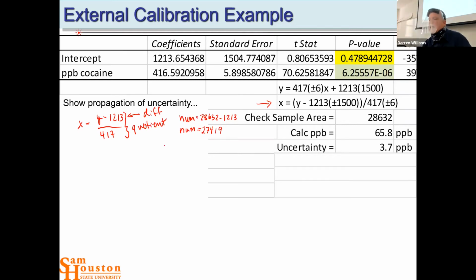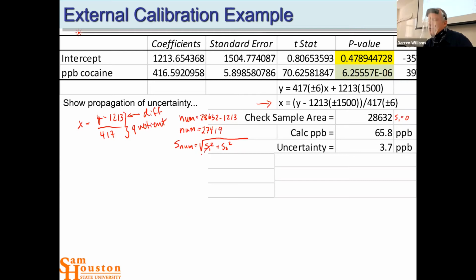And now we need to calculate the S numerator. That's going to be the square root of S1 squared plus S2 squared. And S1 for this guy is 0. We don't have it listed.